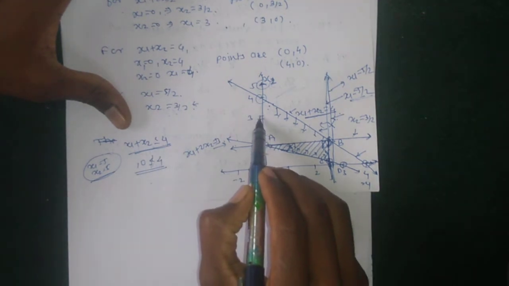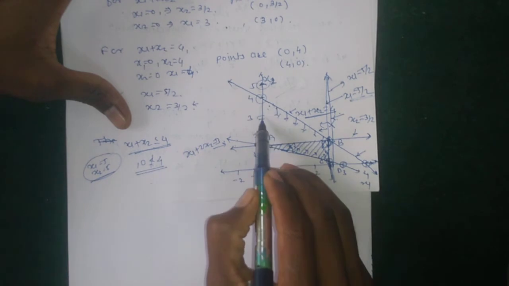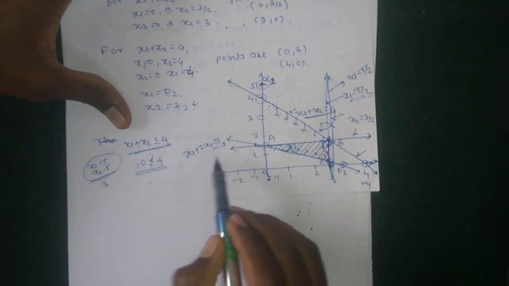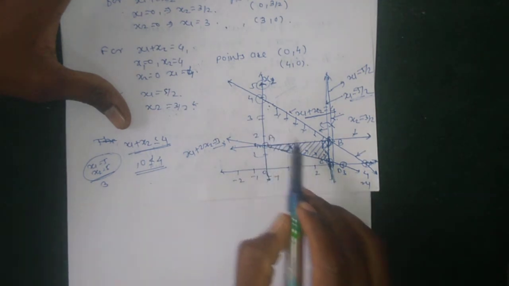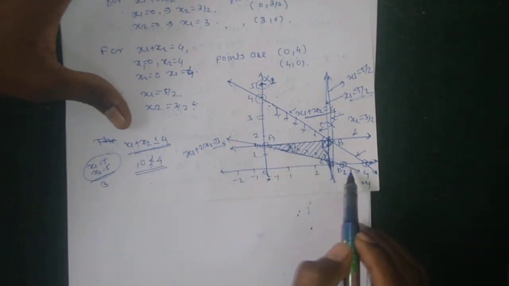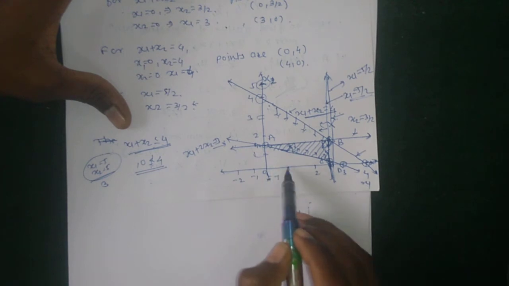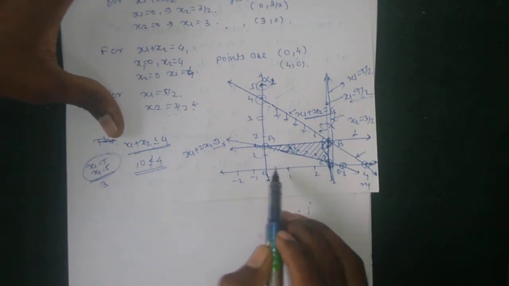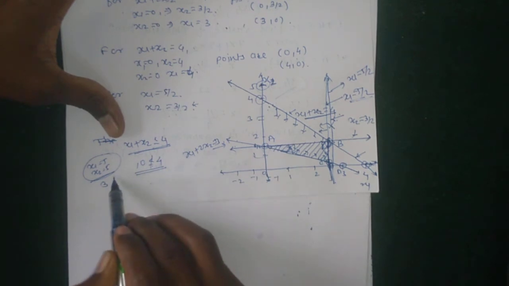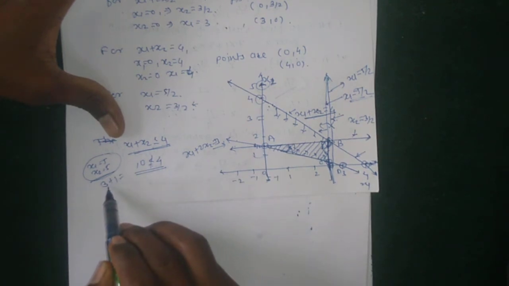If we choose a point on the below side of this line, suppose x1 is equal to 3, or choose x1 is equal to 1, then x1 plus 1 is equal to 4.